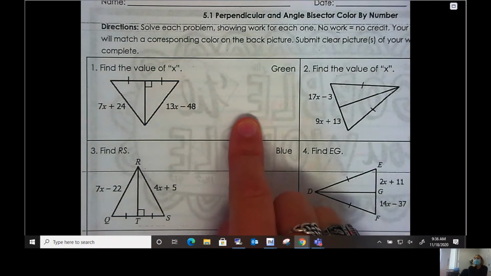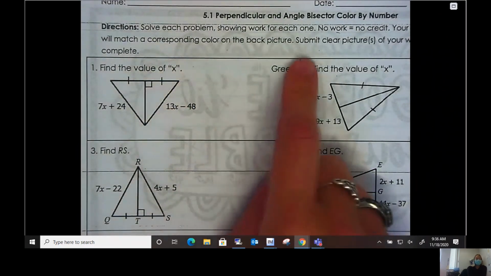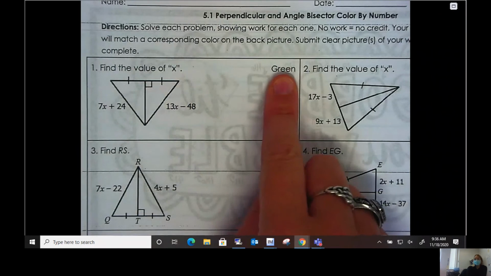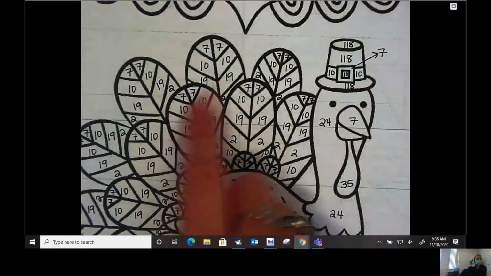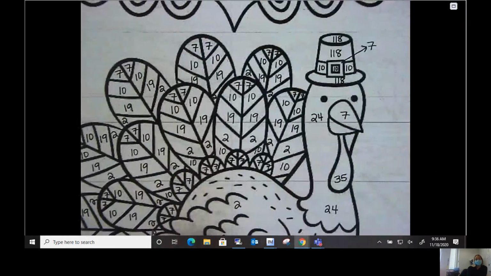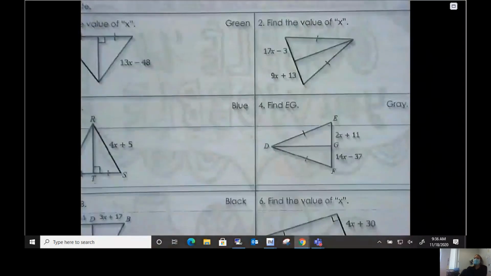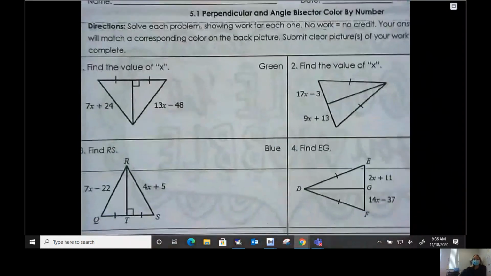That means everywhere you see the number 10, you're going to, can someone grab the door, please? You're going to color it green. So you flip to the back. If you got x equals 10, you say, oh, there's all my 10s. You're going to color them all green. Obviously, that's not the right answer. So don't do it. Anyway, you'll solve each one. You find your answer on the back, and you color it.